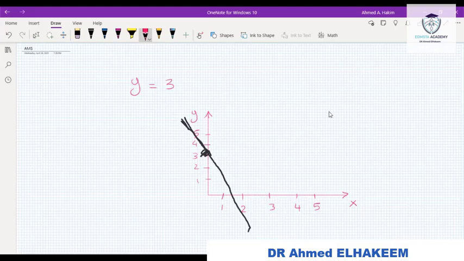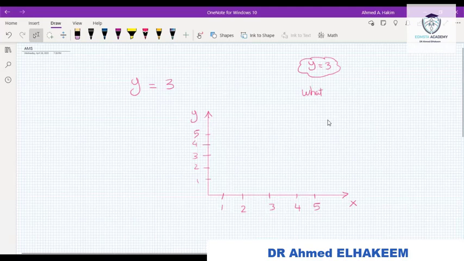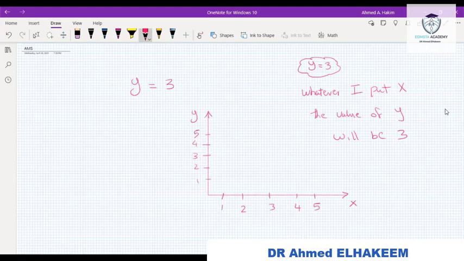Listen to me. If I'm saying y equals 3, what does this mean? It means whatever I put for x, the value of y will be 3, right? If I draw that line that you drew, do you think that when x equals 1, it will be 3? No. Okay, think about it again.